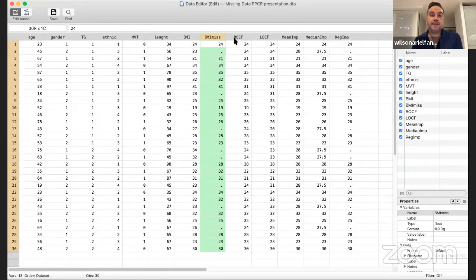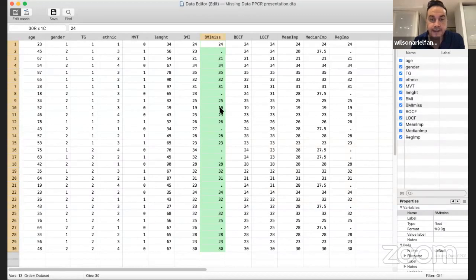So this is the baseline observation carry forward. This is what I explained to you before. So in this case, the baseline observation would be the less number. Let me see here, for example.